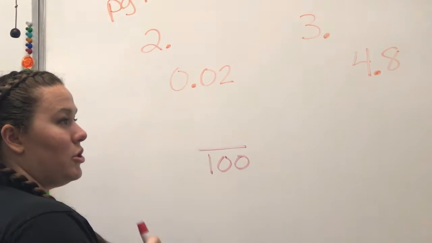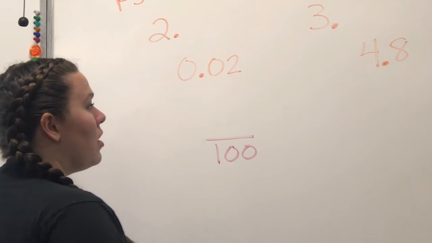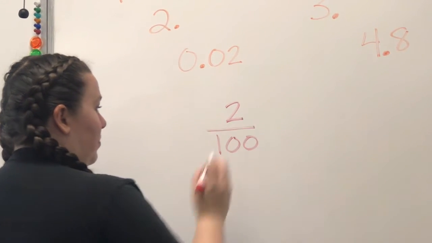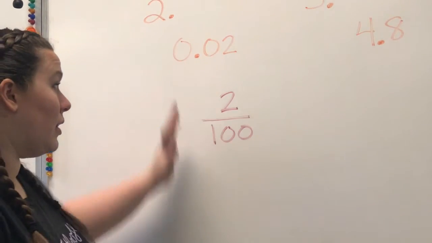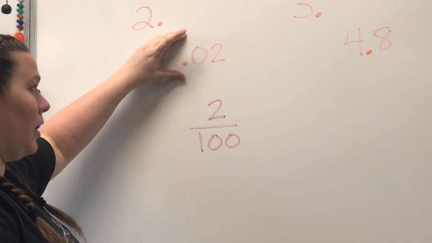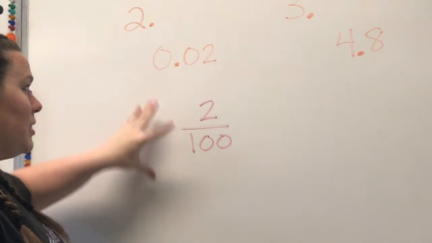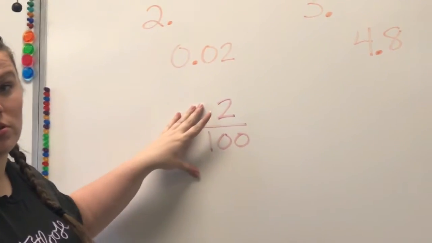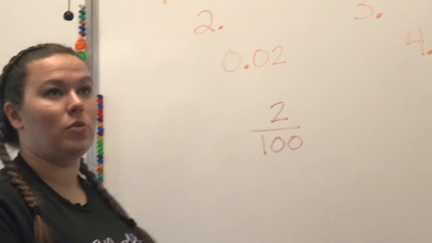Okay, I highly suggest you writing this in your notes. And then whatever is in your decimal place, you put that on top. Okay, that is our fraction for this decimal. This and this are the same exact thing. But this can be reduced. This is going back to chapter 1 stuff.